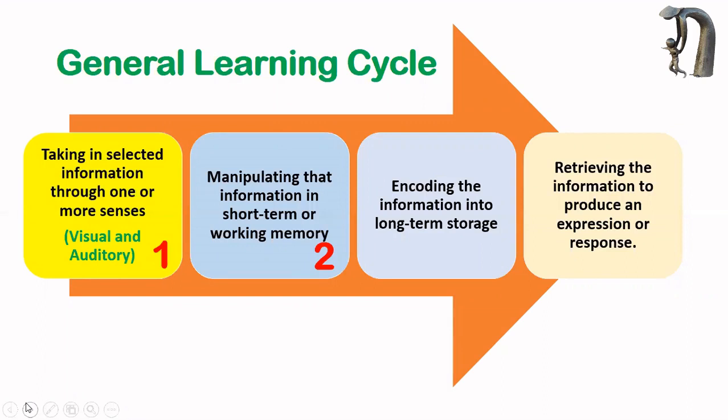So, see, there are two parts in your brain, long-term and short-term. Now, if you want to move to the third step, which is encoding the information into long-term storage.